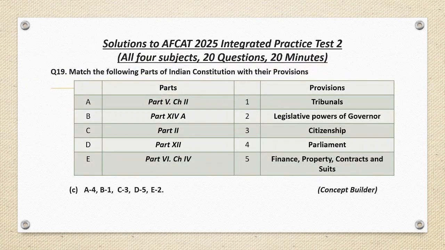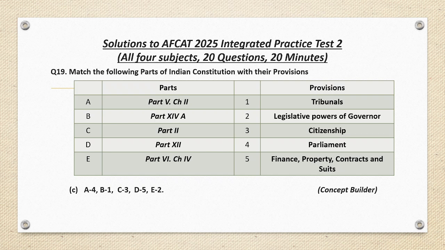Next, 19th question, parts of Indian Constitution and their provisions. Before answering, let us just see the left side and right side columns: tribunals, legislative powers of governor, citizenship, parliament, finance, property. From this, you can easily find out that citizenship is in Part 2.